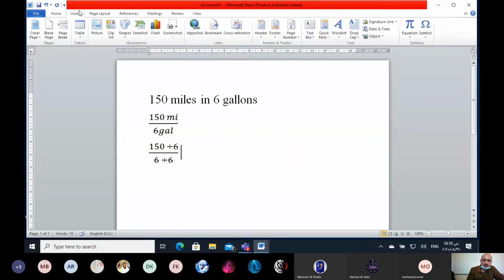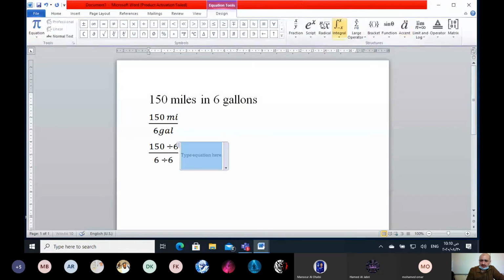Now we will find the answer. 150 divided by 6 will be 25, and 6 divided by 6 will be 1 gallon.